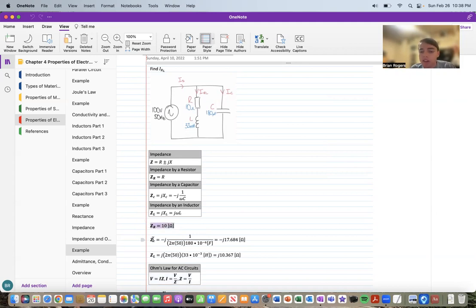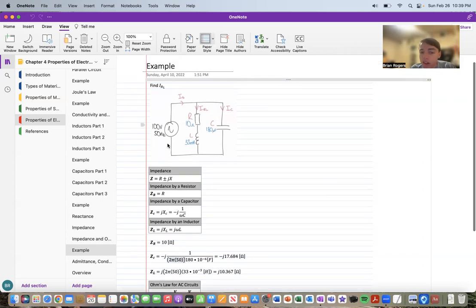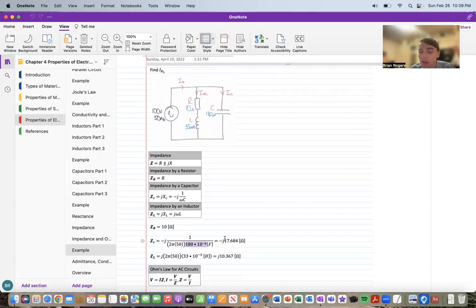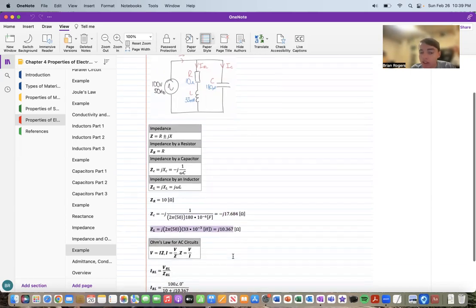Looking at our capacitor, calculating the impedance, negative j 1 over omega C. See that the frequency of our source is 50 hertz, so I plug that in for frequency. And notice that our capacitance is 180 microfarads. And so I just plug that into the equation to get my impedance for the capacitor. And then I did the same thing to get my impedance for the inductor.